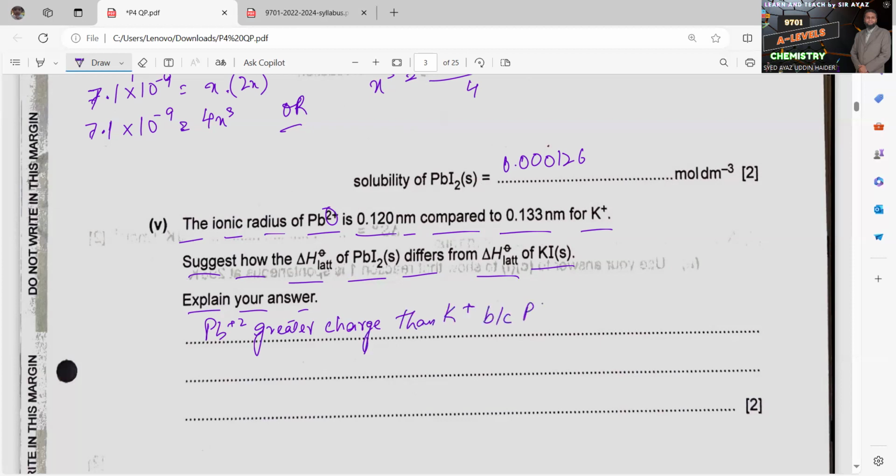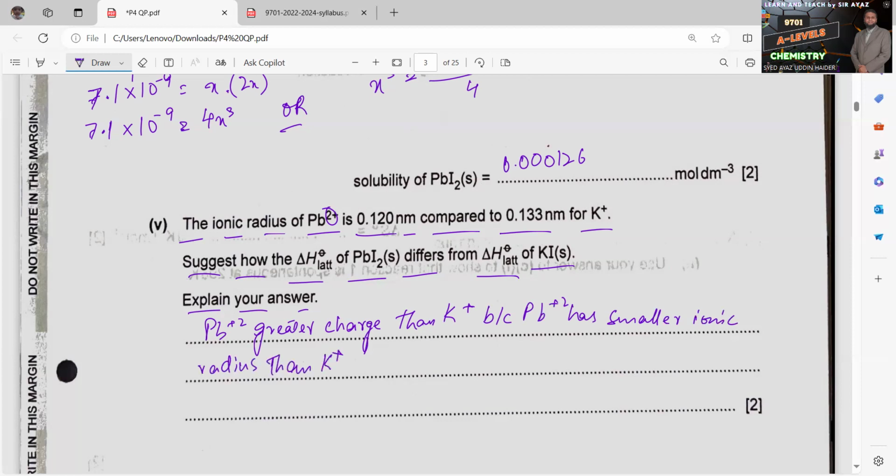because Pb2+ has smaller ionic radius than K+.